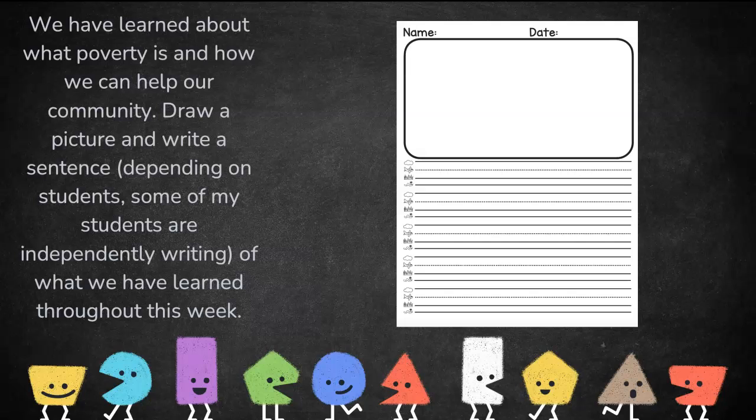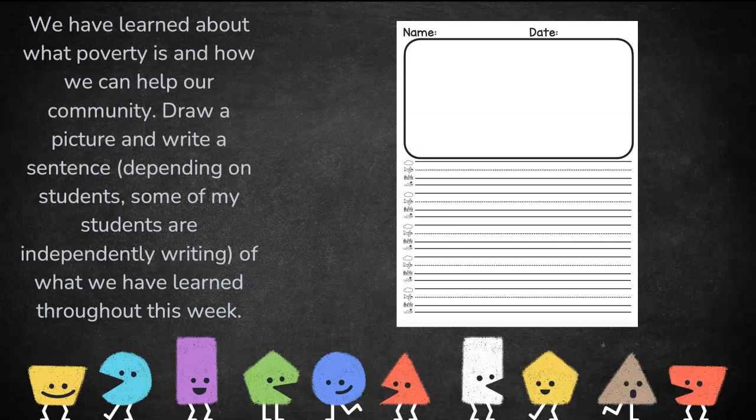So then at the end of the week, during writing, we can focus on our writing, having them draw a picture of what they learned this week, draw a picture and write a sentence. And depending on the student, a few of my students can write independently, and they're starting to sound out their words, so they're starting to form words.